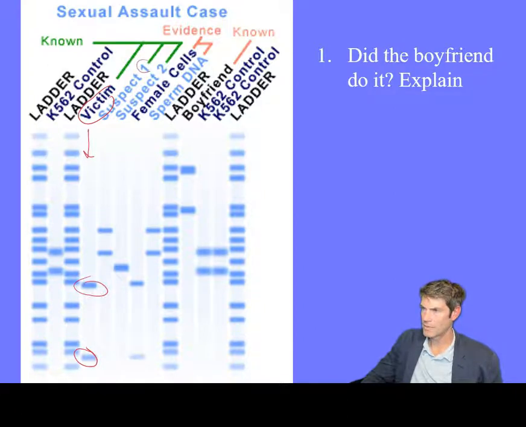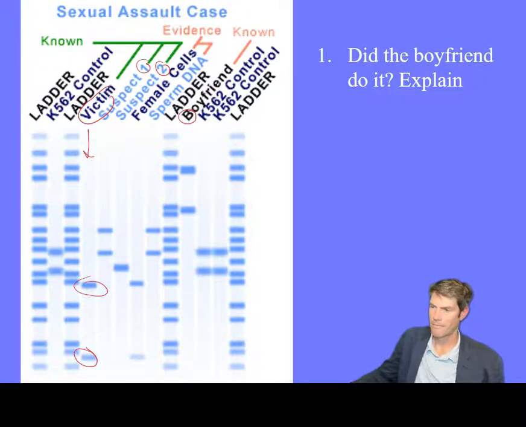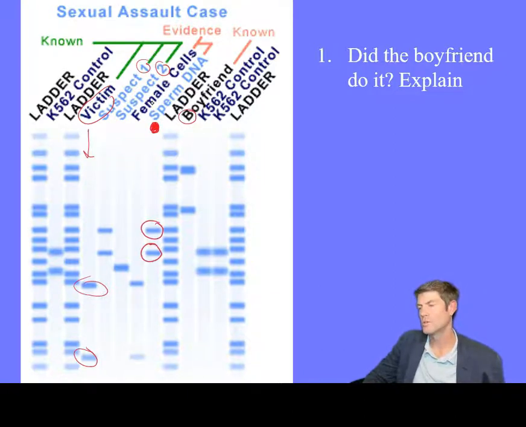We have different suspects, 1 and 2, and then the boyfriend. What we need to match it with is the sperm DNA found at the crime scene. So we want to look at those alleles that are found. We just want to look across.